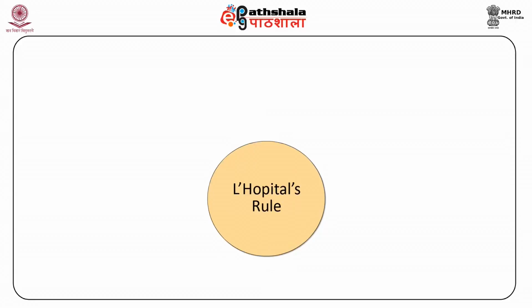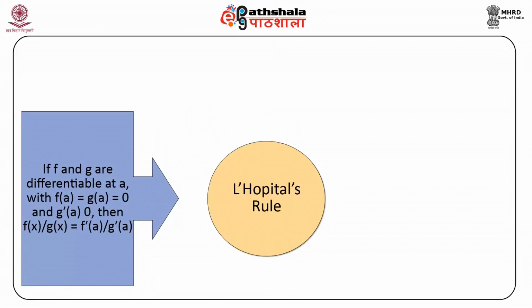L'Hopital's rule. If f and g are differentiable at a, with f(a) equal to g(a) equal to 0 and g dash(a) not 0, then the limit of f(x) upon g(x) is equal to f dash(a) upon g dash(a).